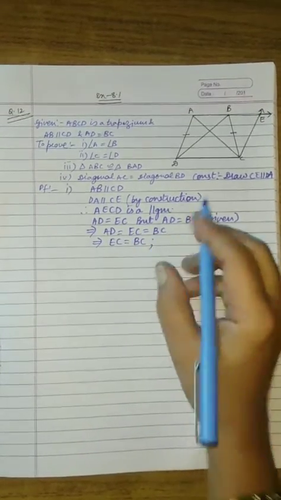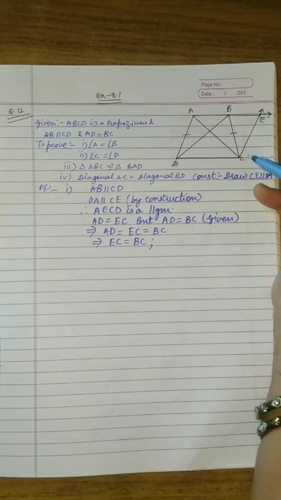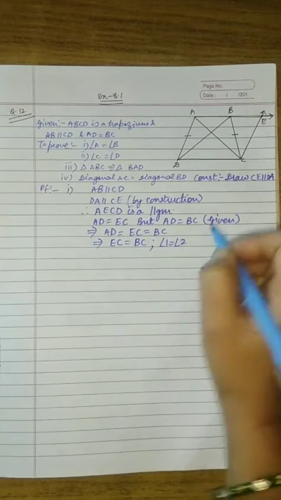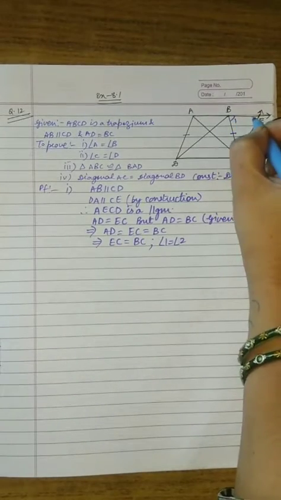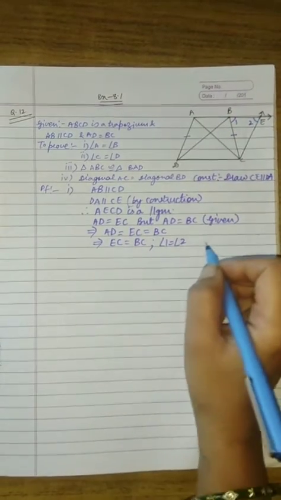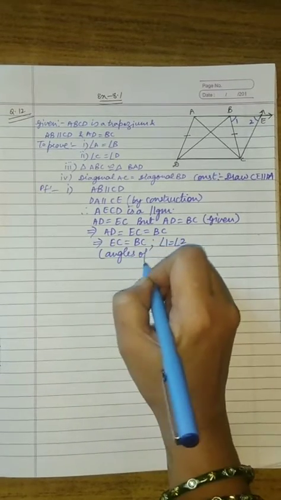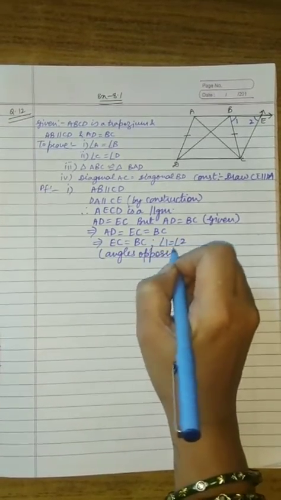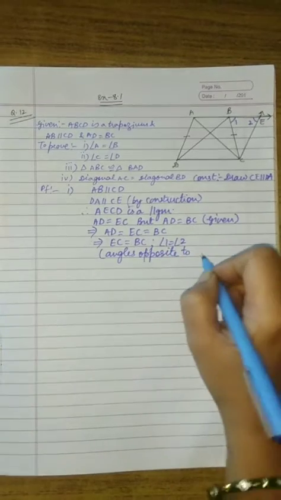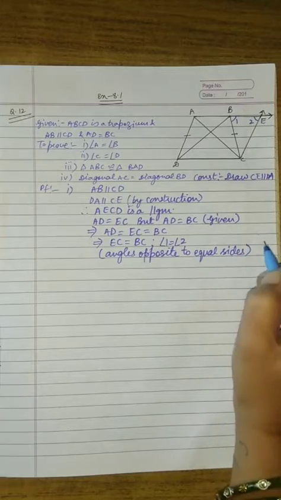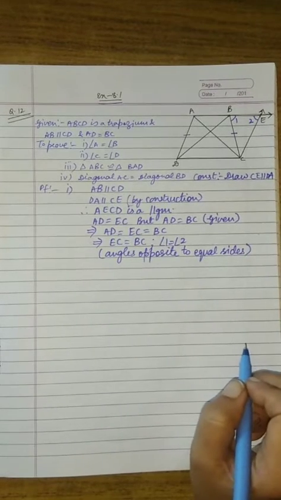So if EC and BC are equal, then angle 1 is equal to angle 2. Here we have angle 1 and angle 2. Why are angle 1 and angle 2 equal? Angles opposite to equal sides. So angle 1 and angle 2 are equal.